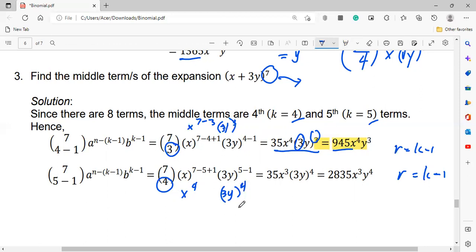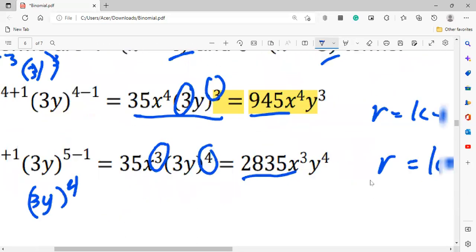3y raised to 4. This is 7 minus 4, I mean. Okay, so 7 minus 4 is 3, and then 3y raised to 4. The 3 raised to 4 is equal to 81, so 81 times 35 is 2,835. So the fifth term is 2,835 x raised to 3, y raised to 4.